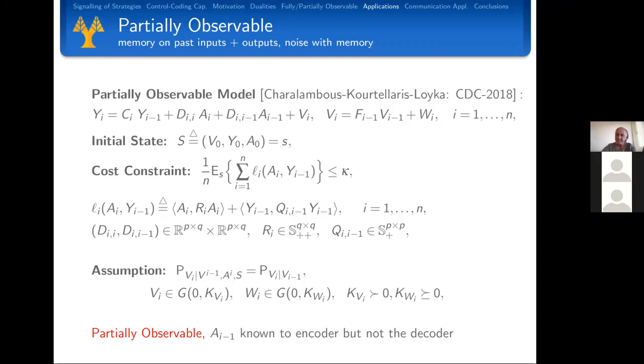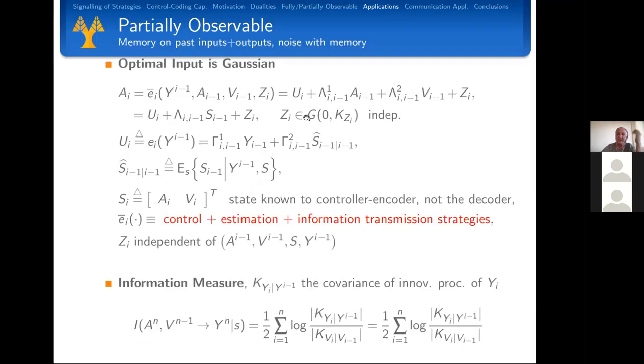So there's no loss of generality in taking the processes A, Y and V to be jointly Gaussian. This is a standard thing. That's why it comes out here too. This quantity has to do with the entropy of the sequence Y, and this has to do with the entropy of the sequence of the noise V.